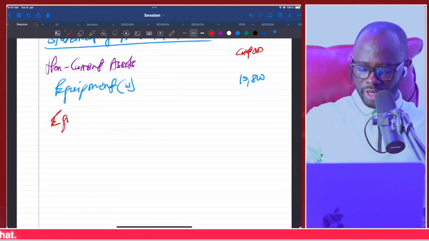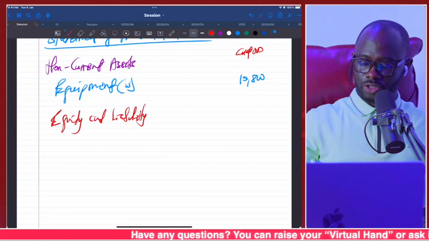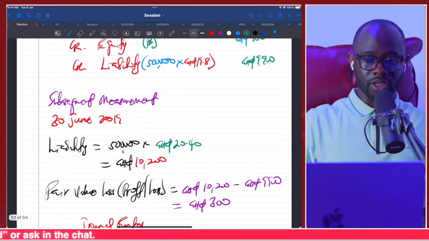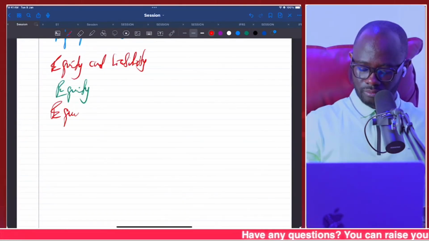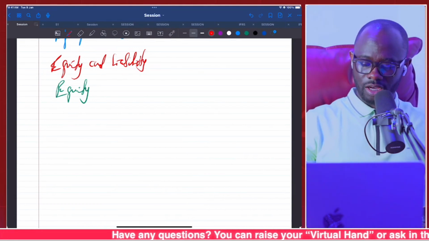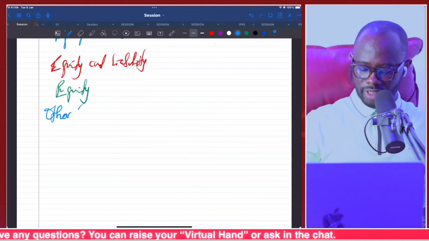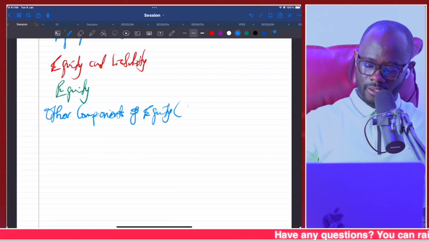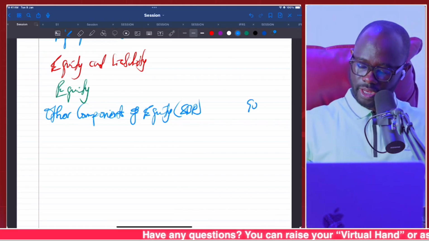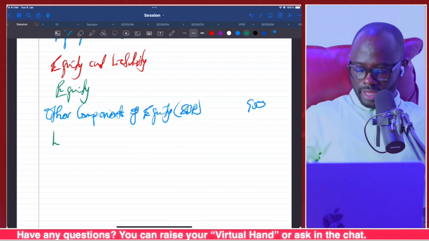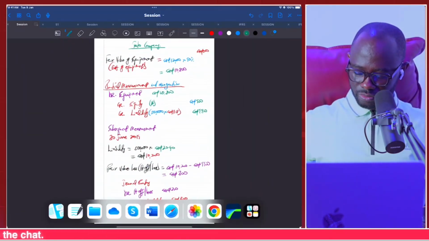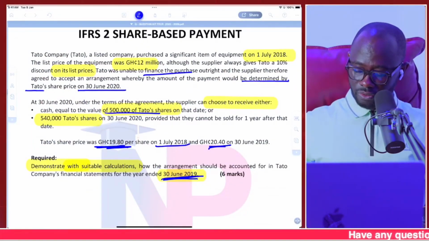So we go to equity and liabilities. Under equity, you're going to bring in the equity in relation to the share-based payment. We got 900. Normally that will come under other components of equity. So other components of equity in terms of the share-based payment, 900. Then liability. Now, when is this due? How long do we have to go?